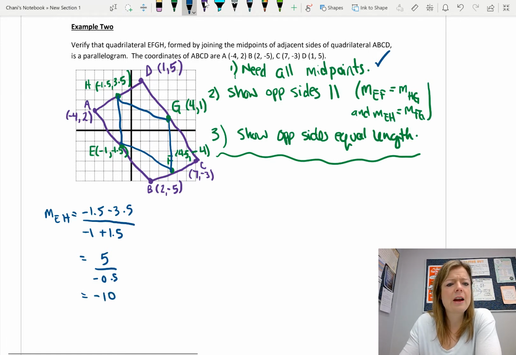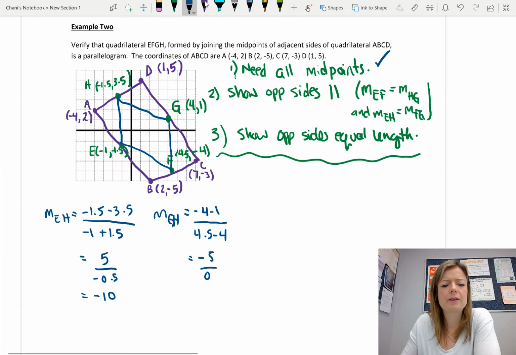Now I'm going to find the slope of GH and hope that it's also negative 10 so that they are parallel. Again, we take our negative 4 minus 1 divided by 4.5 minus 4, and you get negative 5 over 0.5, which is also negative 10. So yay, that's good so far.